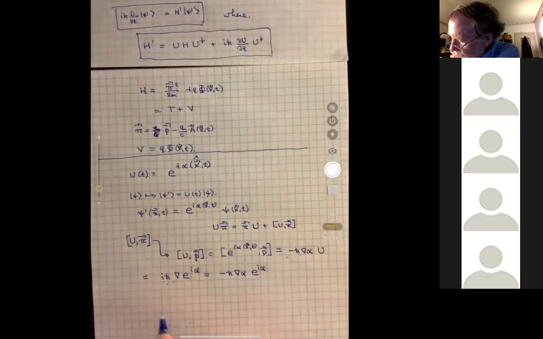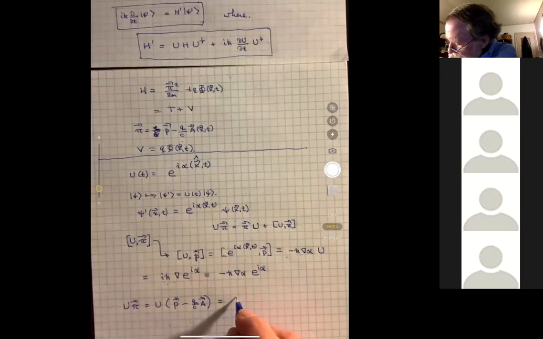Now, notice what this does to U pi. This is U times p minus q over c A. If we bring the U through to the other side, it becomes something times U. This is the other half of the commutator.